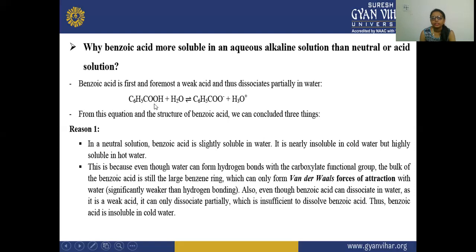It dissociates in water only partially as a weak acid, which is insufficient to dissolve benzoic acid. Thus, benzoic acid is insoluble in cold water.